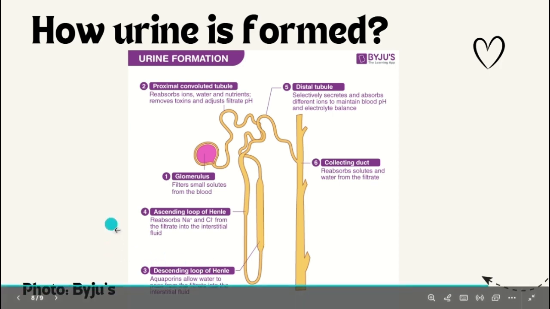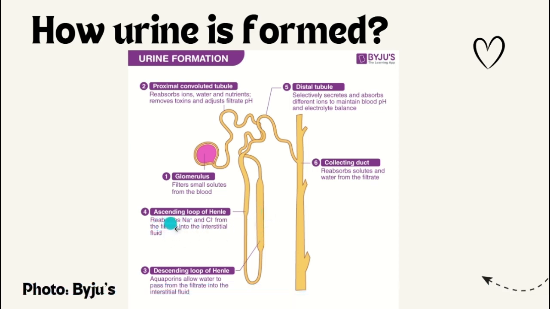In the descending loop of Henle, aquaporins allow water to pass from the filtrate into the interstitial fluid. And then the ascending loop of Henle is going to reabsorb sodium and chloride from the filtrate into the interstitial fluid.